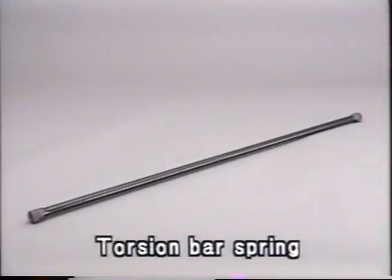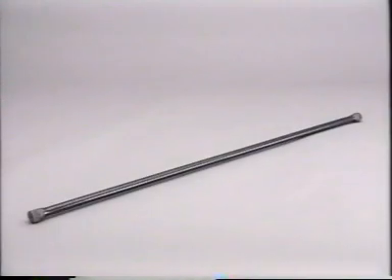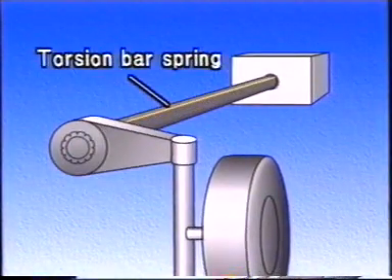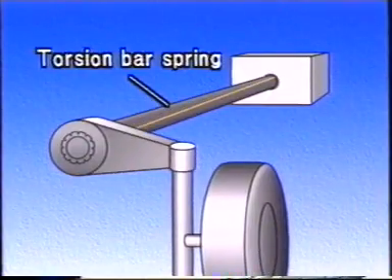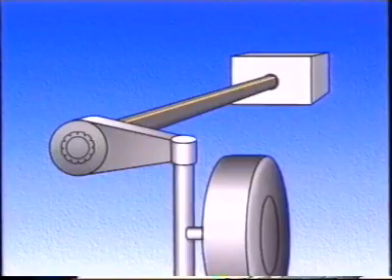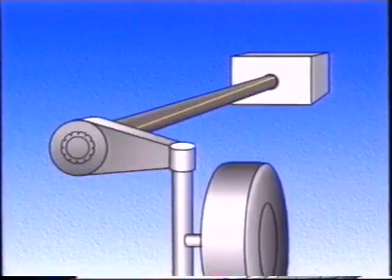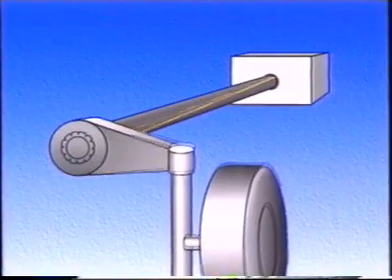A torsion bar spring is a special spring steel rod that uses its torsional elasticity to resist twisting. While coil springs are made from rods of special spring steel formed into the shape of a coil, torsion bar springs are made from straight rods.